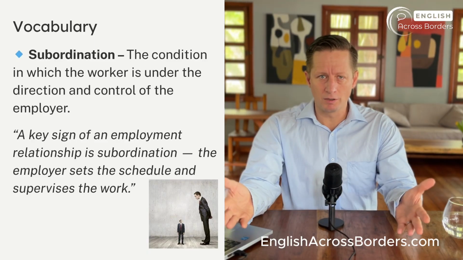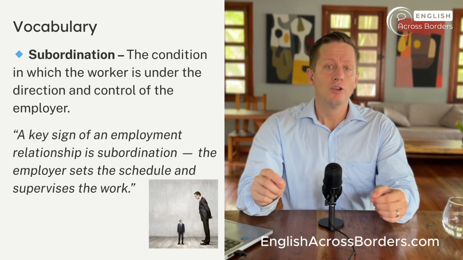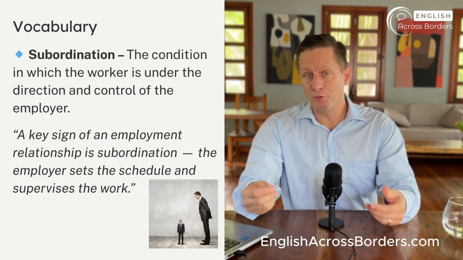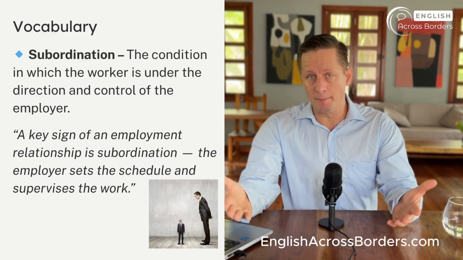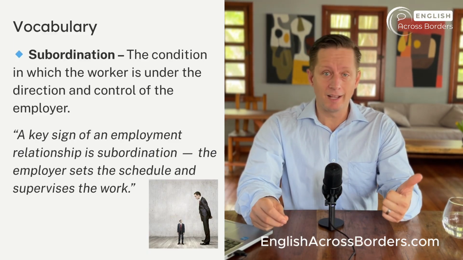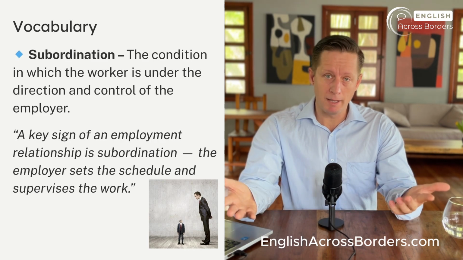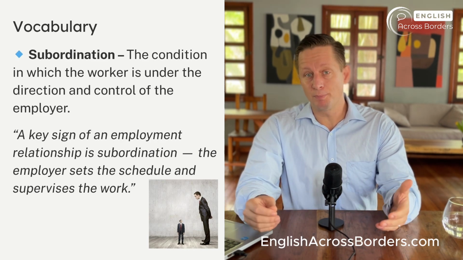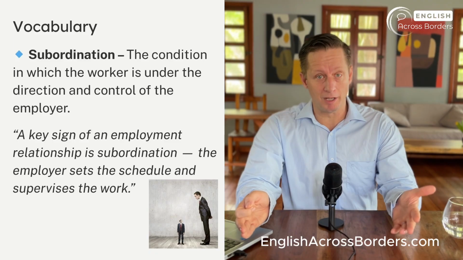Now let's take a local example here in Costa Rica. Subordination is one of the three essential elements of a labor relationship, the other two being personal service and remuneration, or payment. And this is where the principle of reality comes into play.